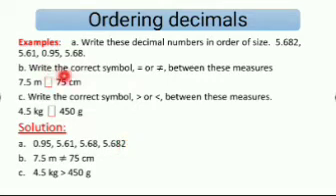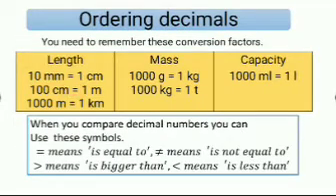Then the second one: write the correct symbol, equal to or not equal to, between the measures 7.5 meters and 75 centimeters. Don't forget that from the table, we said that 100 centimeters is equal to 1 meter.